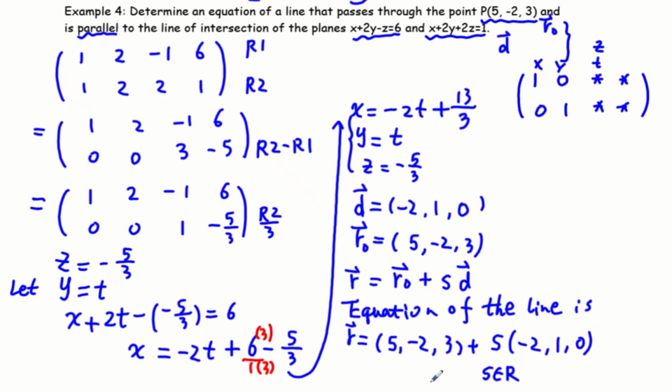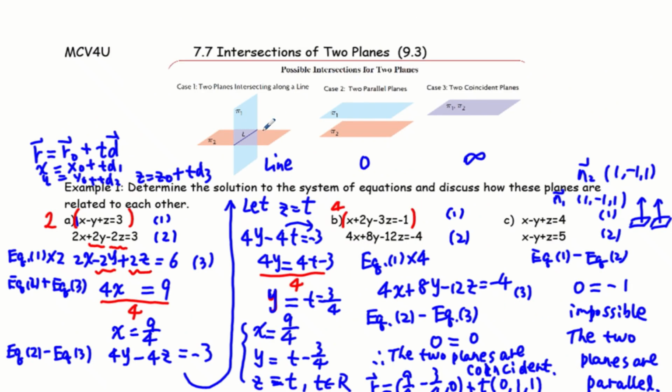So this is done. That is all for today's lesson, and we are going to see what we did here. Today we are going to look for the intersections of two planes.